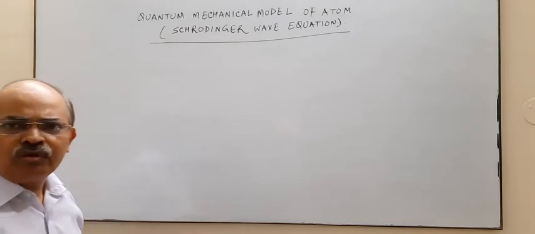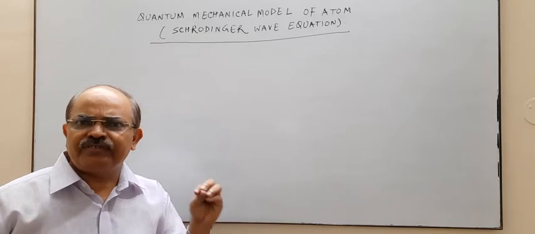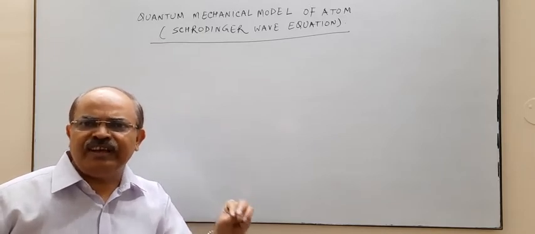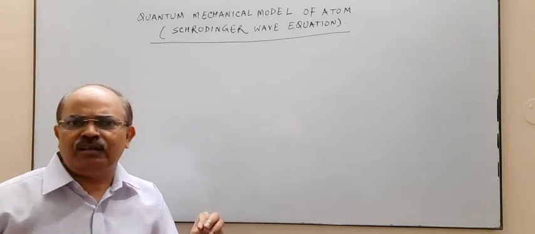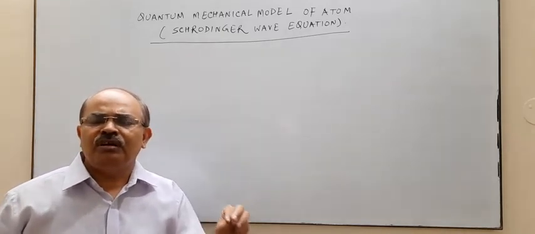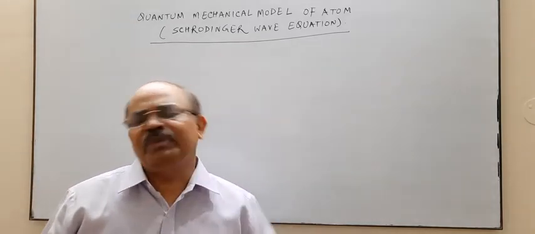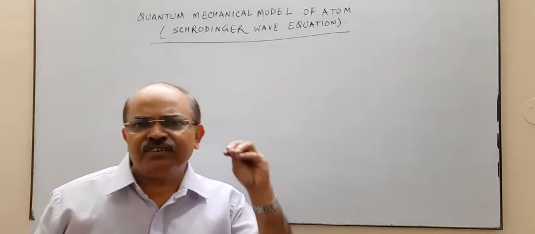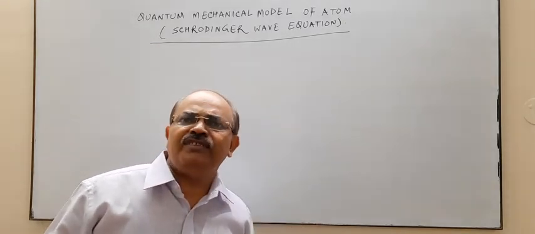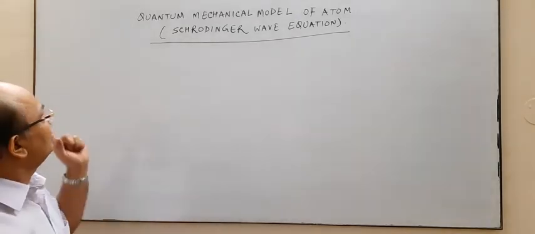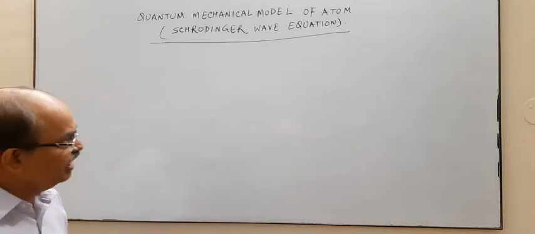According to Bohr's model, the electron is mainly treated as a particle, and Bohr's model depends on classical mechanics or Newtonian mechanics. Classical mechanics means we treat the electron as a particle.